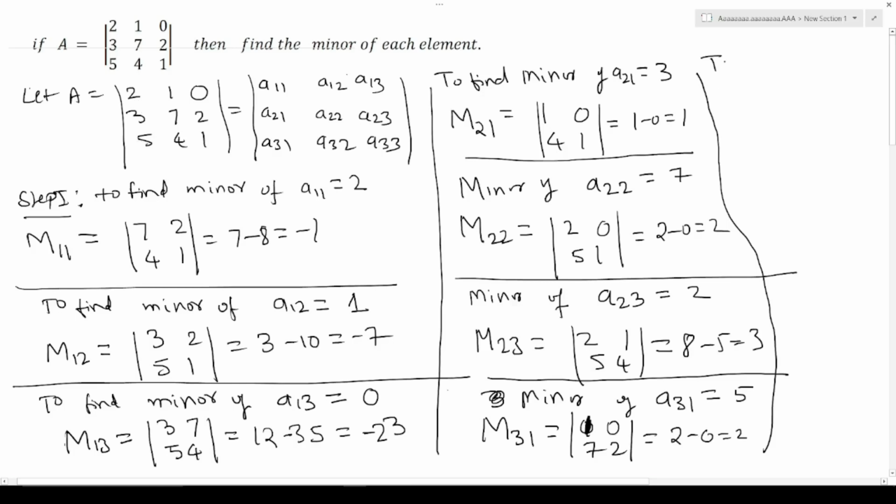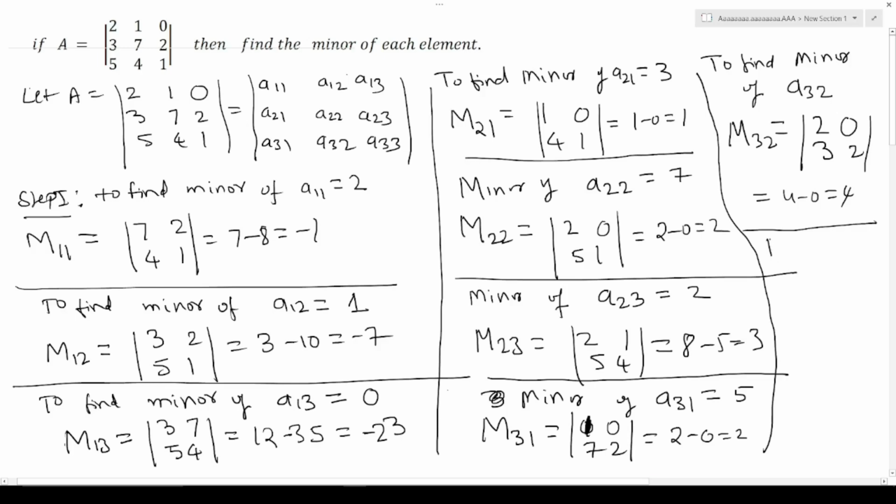To find the minor of A32, that is M32. For that, I omit third row and second column. So what are left? That determinant of [[2,0],[3,2]] equals 4 minus 0 equals 4.